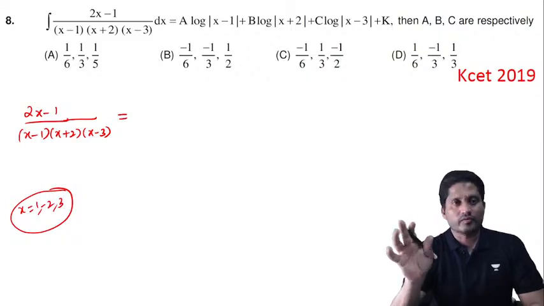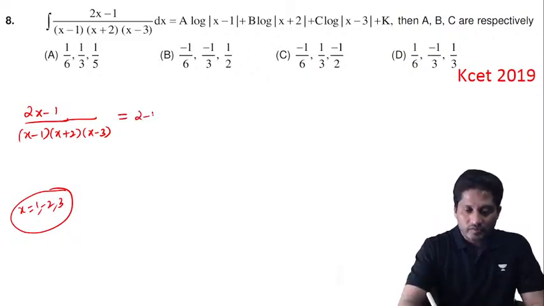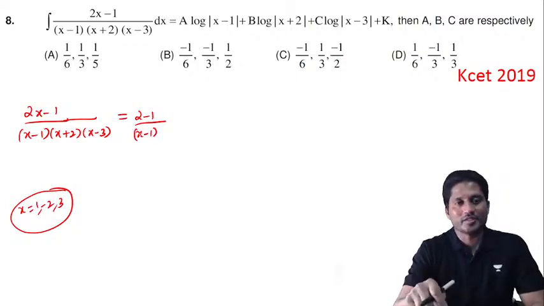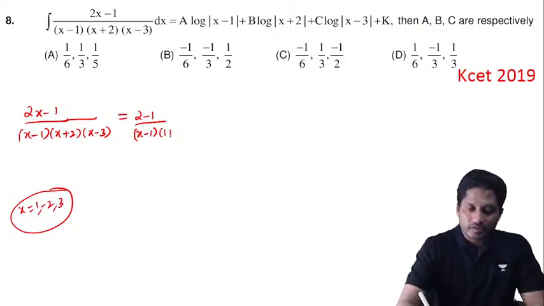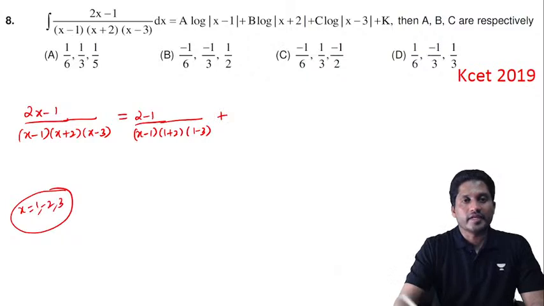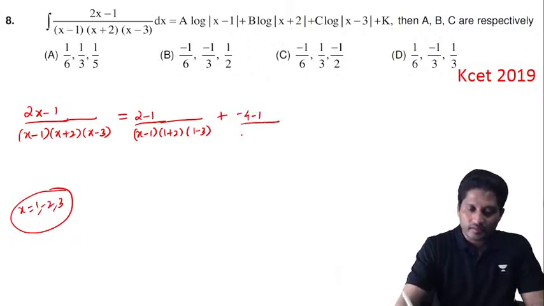Go back to the question. Wherever x is there, you put 1. You get 2 minus 1 divided by x minus 1. Don't substitute 1 there, otherwise it will be 0. This is 1 plus 2 into 1 minus 3. Once you're done, put plus. Next root you put minus 2: minus 4 minus 1 divided by minus 2 minus 1 into x plus 2, into minus 2 minus 3.